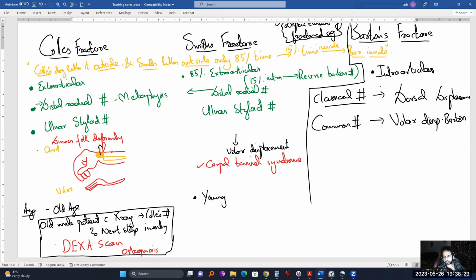You need to remember that. These can be asked for MCQs. Classical Barton is dorsal displaced, while the common fracture is volar displaced Barton. Okay, and the hallmark of Barton fracture is radiocarpal dislocation.